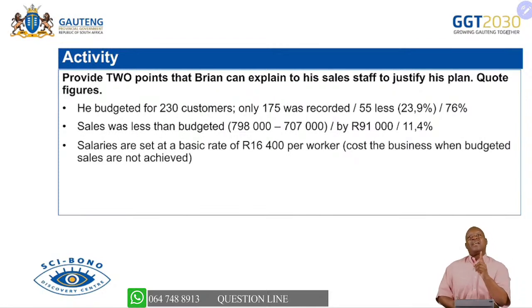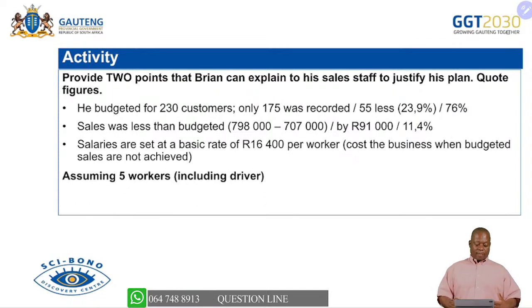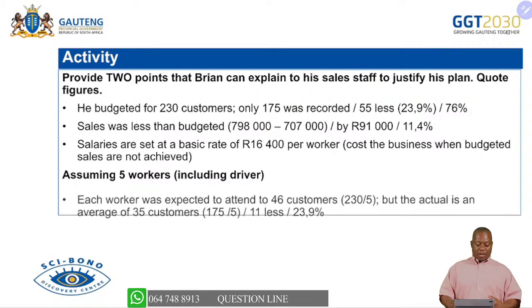Have they been paid a cent less because they have not achieved the required amount of sales? No. So what does that mean? The only way the owner can save is to take one off. So it means less people to pay because they are doing less. And that is assuming the 5 are working, including the driver.